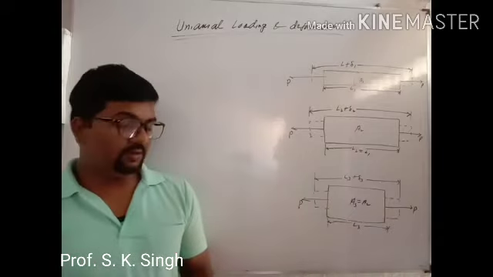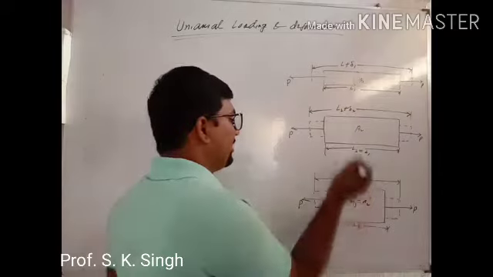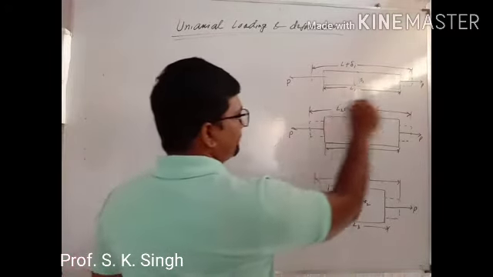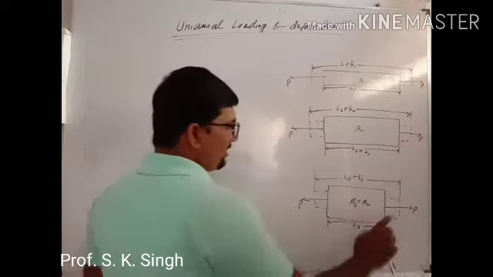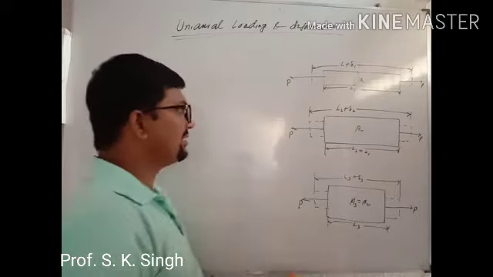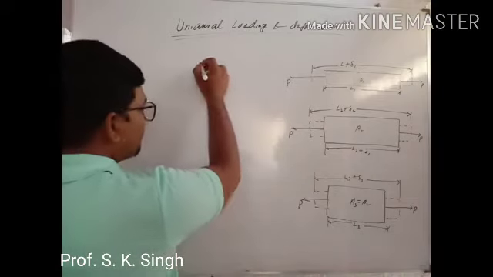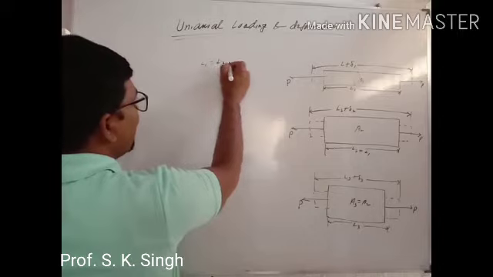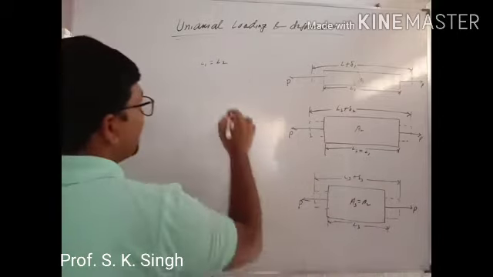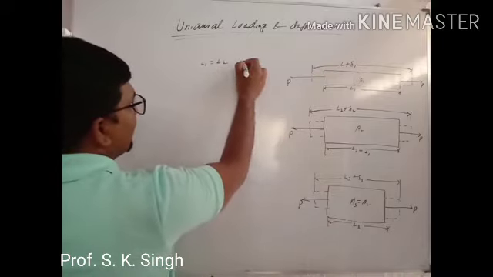Here we have made three diagrams of one dimension which is uniaxially loaded, that is nothing but tensile load. You can see the diagram. What are the things you are analyzing? First condition is L1 equal to L2, greater than L3.